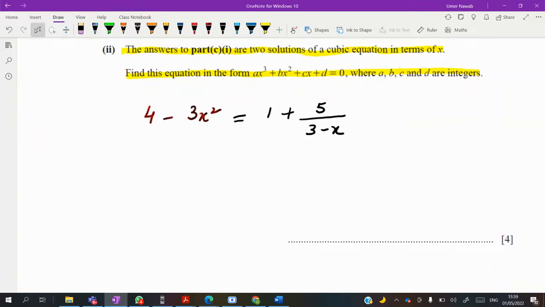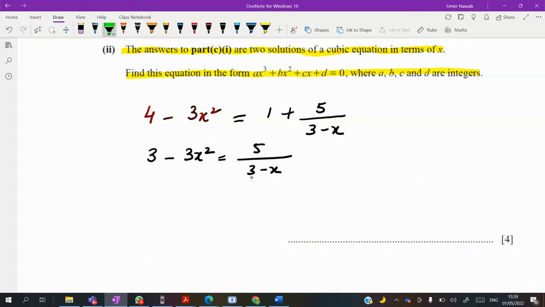So, can we simplify this equation to get the desired cubical equation? For sure, I'm going to send 1 to the left. So when 1 goes to the left, 1 and 4, we can simplify them. So what is the answer I'm going to get? 3 minus 3x squared is equal to 5 over 3 minus x.